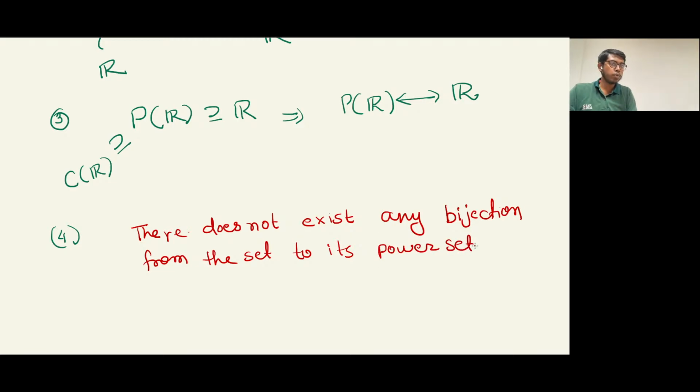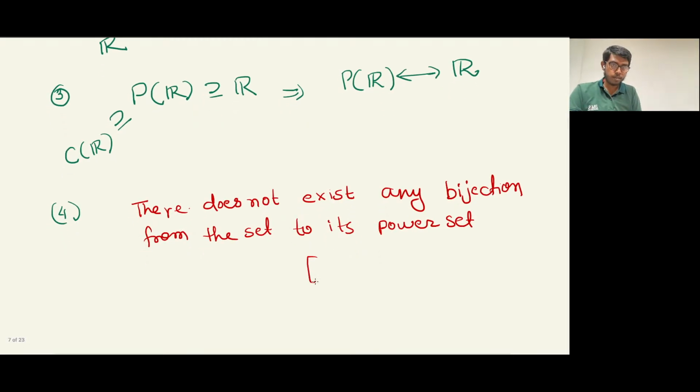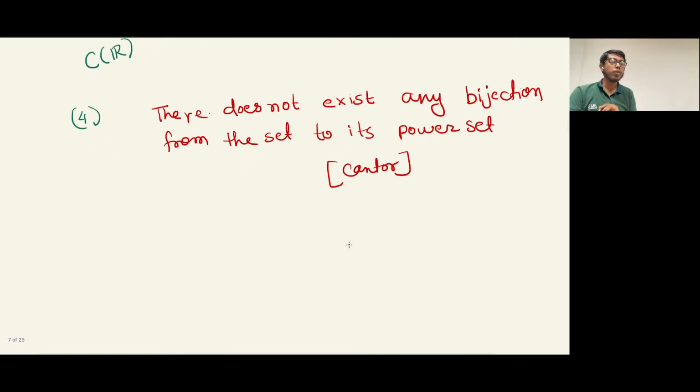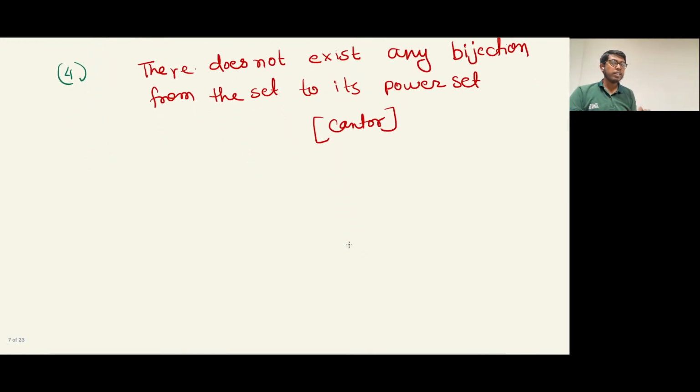This is due to Cantor: you cannot find any bijective function from a set to its power set.